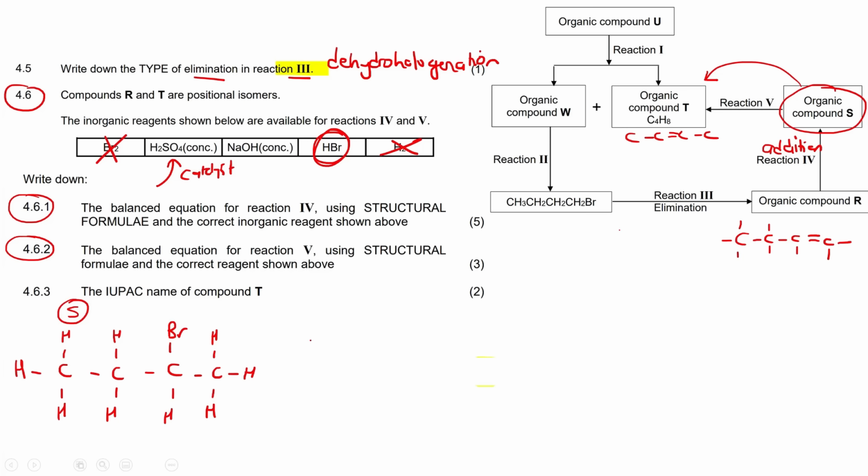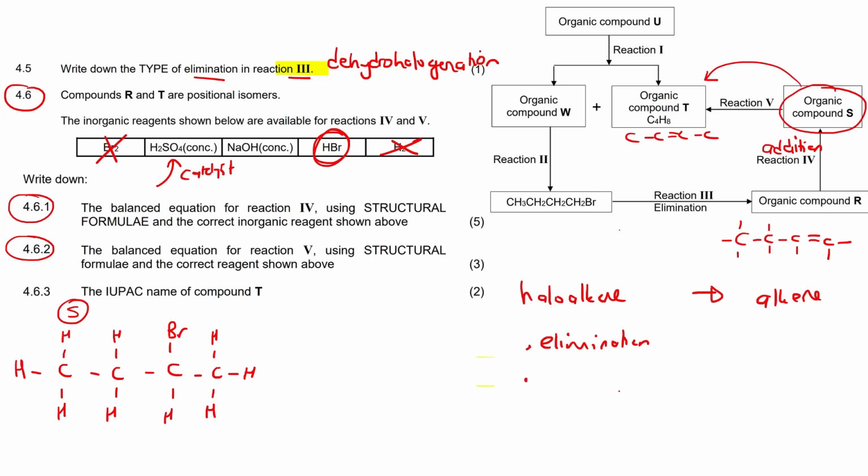Right, now we need to talk a bit about how we're going to do this reaction. So we know that we can convert a haloalkane, which is what we have here, to an alkene. We know that it's an elimination reaction.